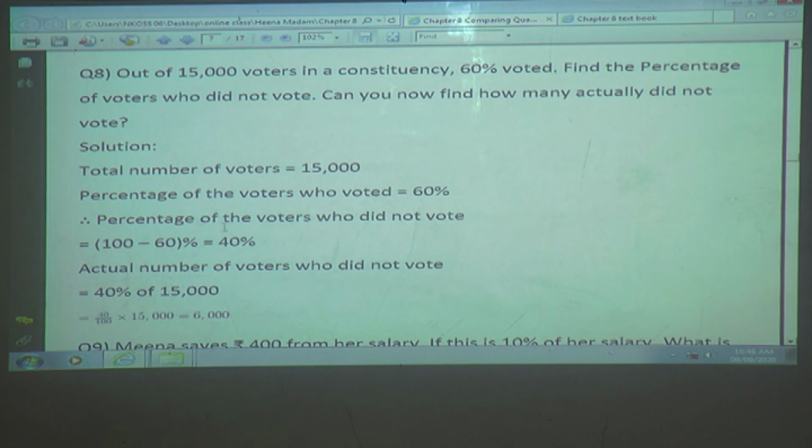So the percentage of voters who did not vote is equal to 100 minus 60%. 100 minus 60% is 40% who have not done the voting.